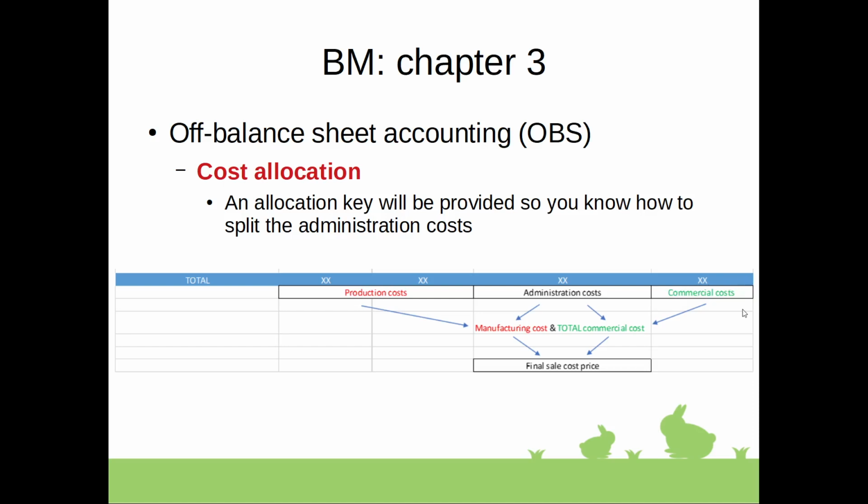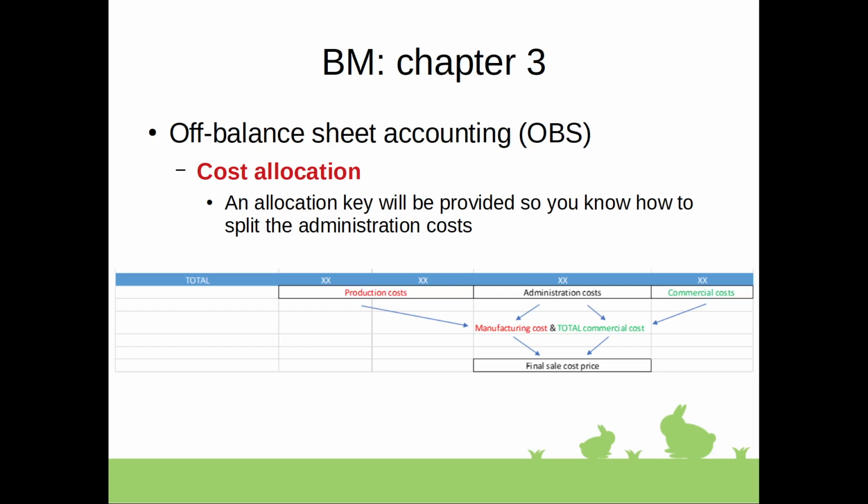Now it's very important to realize that I used several colors over here and they have a meaning, of course. So administration costs, we will always split these ones up. We will split them between a part that will belong to production and a part that will belong to commercial. So imagine that we have this allocation key of 60% to production and 40% to commercial.